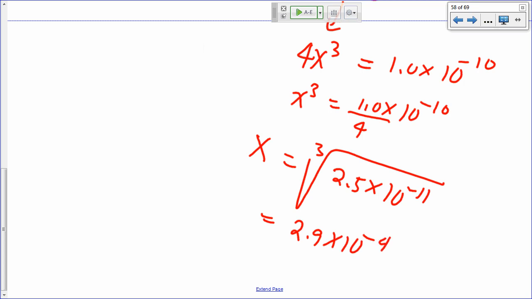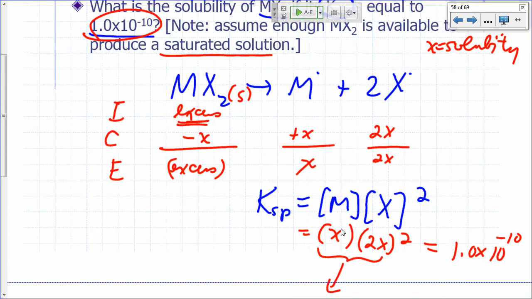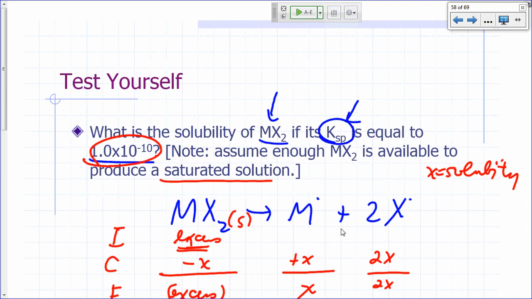So the solubility is 2.9 times 10 to the negative 4 moles per liter. If you know the KSP, you can predict how far your solid will dissolve.